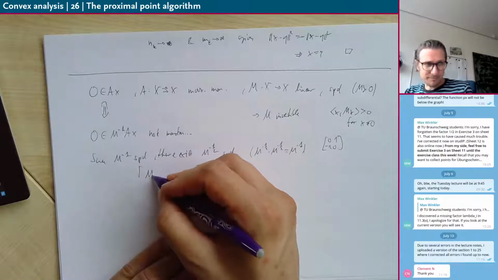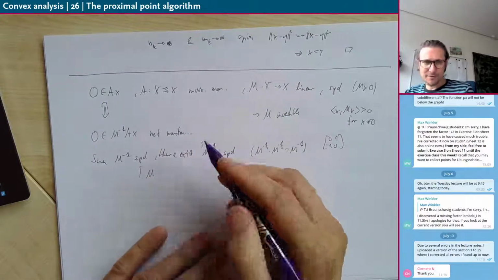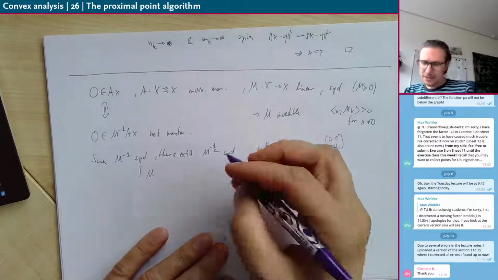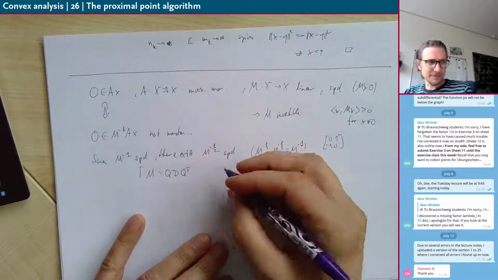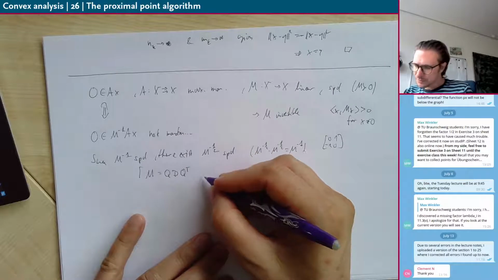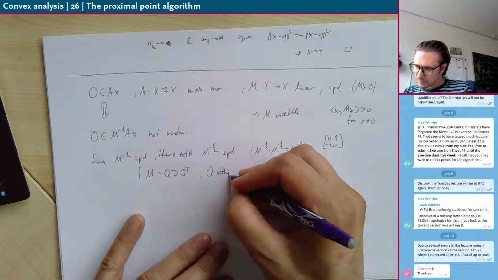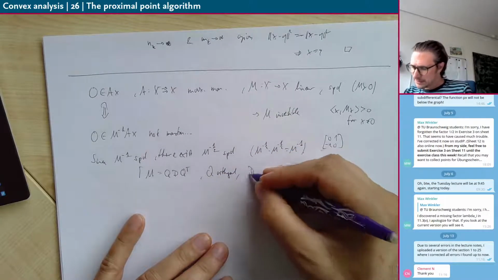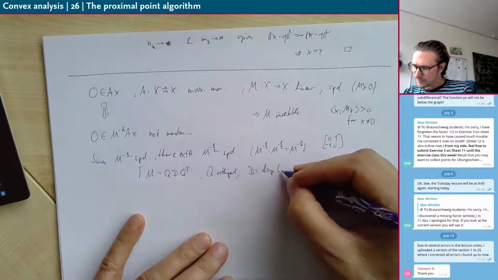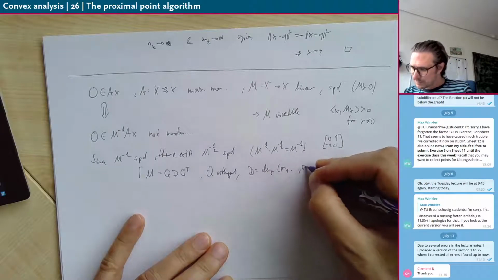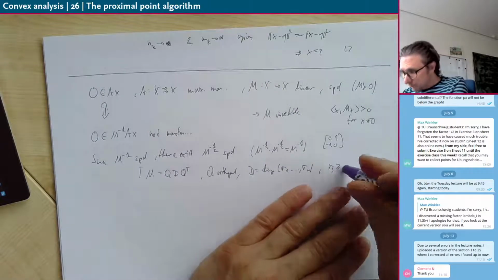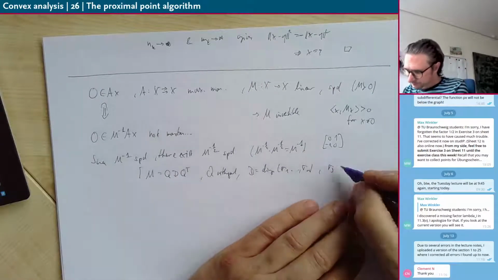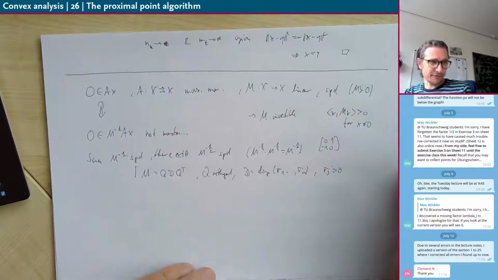So if we take the square root of M, and M to the minus 1 is the same, you diagonalize like this, so Q orthogonal and D being the diagonal of sigma 1 to sigma n, and the sigma j are all positive because M is positive definite.